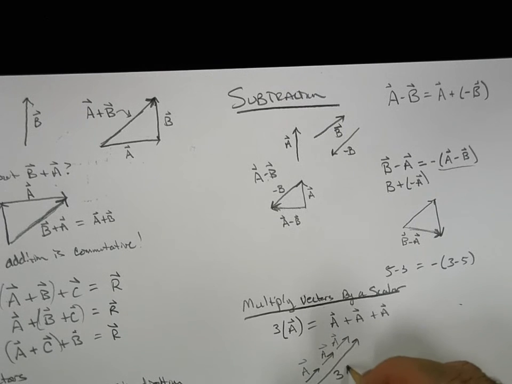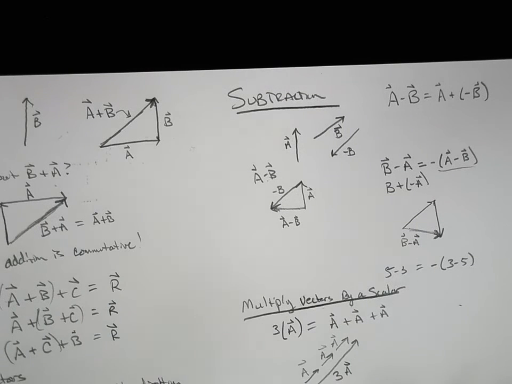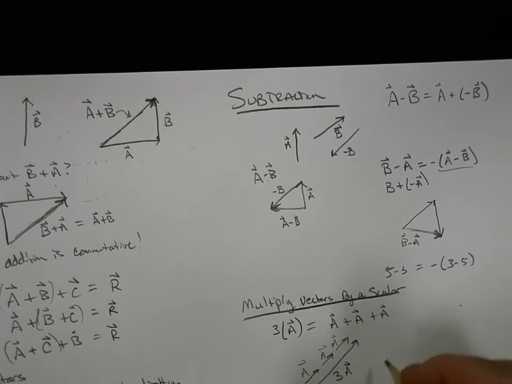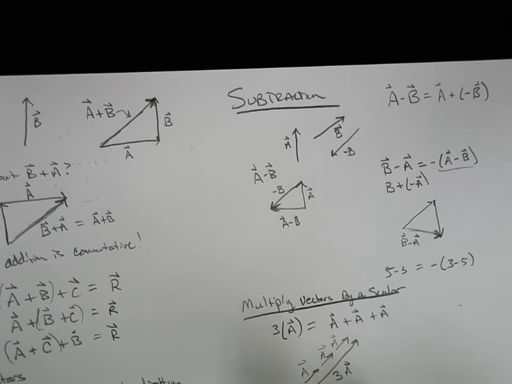You just change the magnitude of your vector. And if you multiply it by a negative, let's say negative 3A, then if A is that direction, you're going to get the opposite direction, and you just turn the vector around.